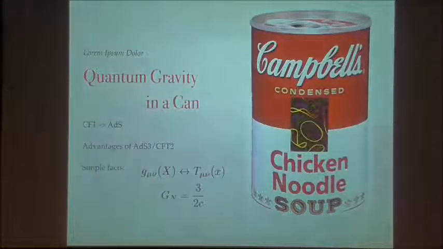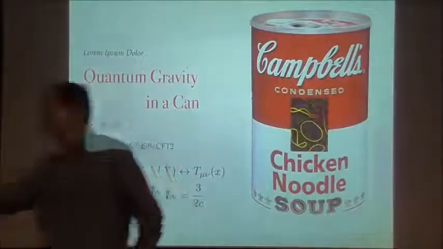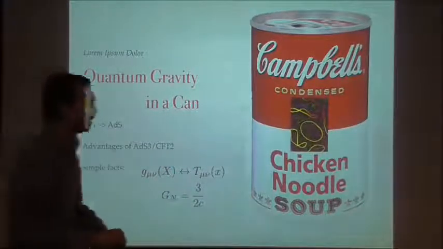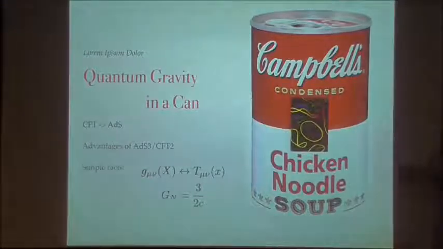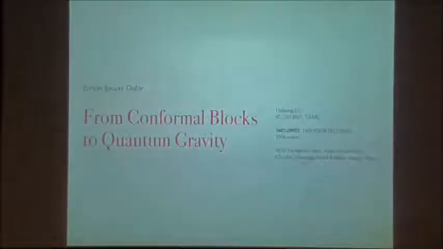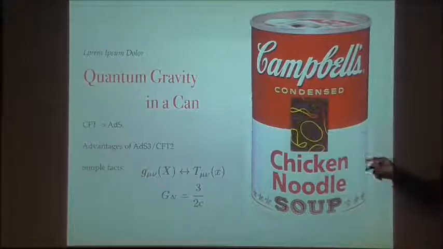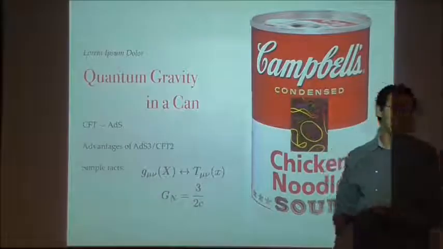So the conjecture of AdS/CFT duality is saying that if you put the mysterious soup of quantum gravity into a can, then whatever is written on the label of the can should give you a full, complete, and exact description of what is inside.